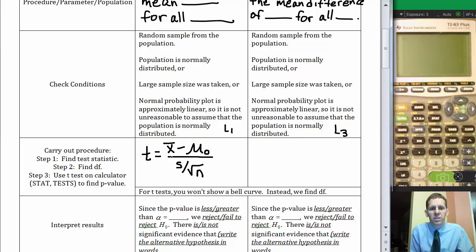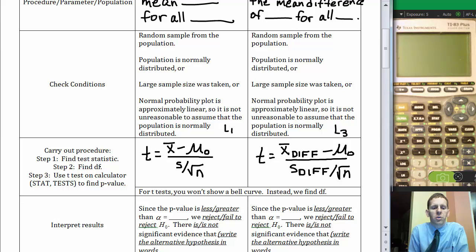It's pretty comparable to the one sample z-test, except we're using s instead of sigma and obviously t instead of z. For a matched pairs t-test, same idea, t equals x bar diff, the mean difference from the sample, minus mu sub 0, the mean listed in the null hypothesis, divided by s diff divided by the square root of n.